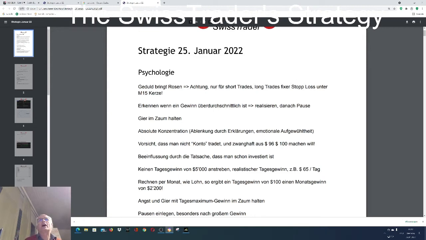I place it below the previous M15 bar. And furthermore, if you have an extraordinarily big win, you should realize it and make some pause.